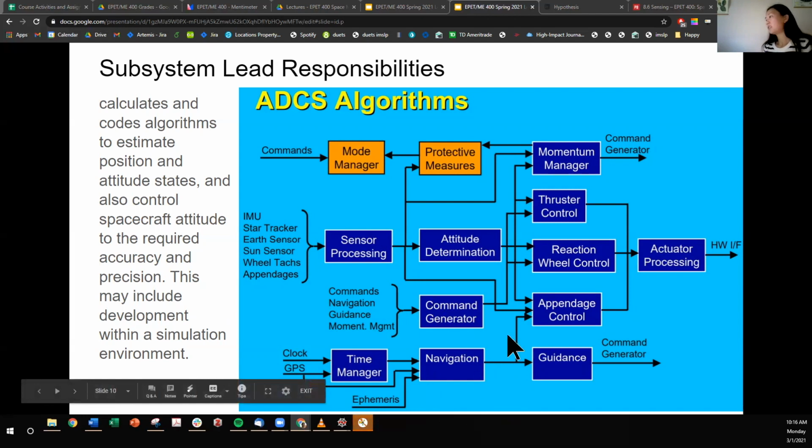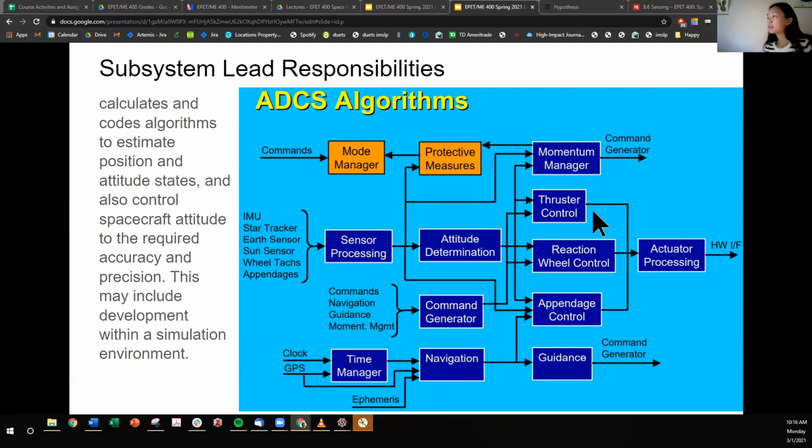Anyway, you're managing all this information to eventually control your thrusters, to generate controls for your reaction wheels that eventually get passed along to your hardware. So this is where you take absolute commands for how you want to control your reaction wheels, and then there's some translation to send that command to the hardware itself, so hardware interface.